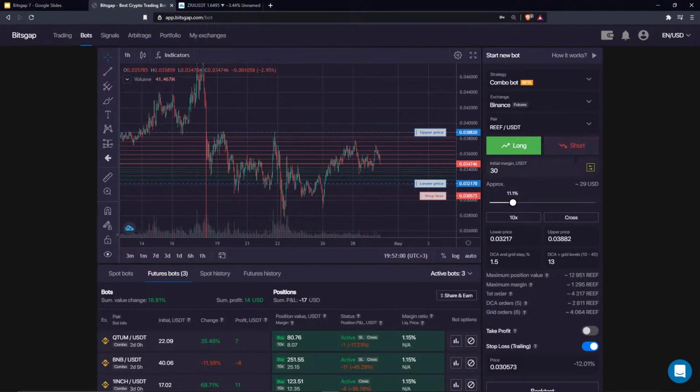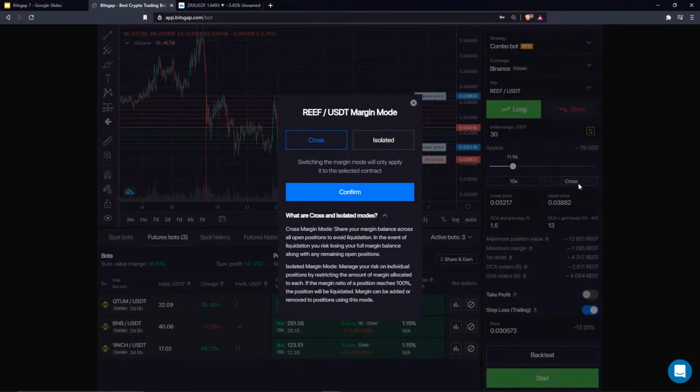You have 2 modes, cross and isolated, but that's something that you can figure out on your own. In brief, cross margin takes your entire balance. By taking your entire balance as margin, you basically provide more space for the bot to trade because it now has more margin to trade.